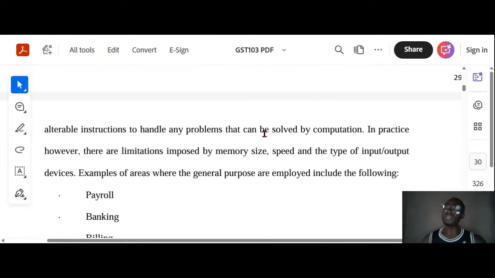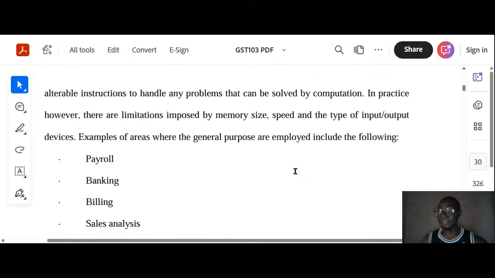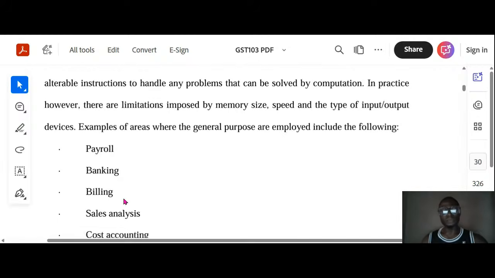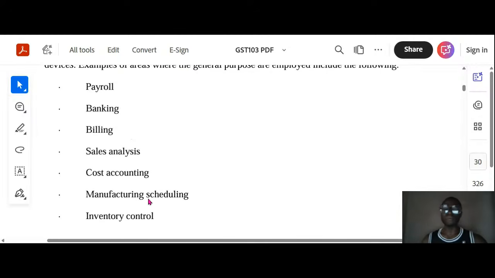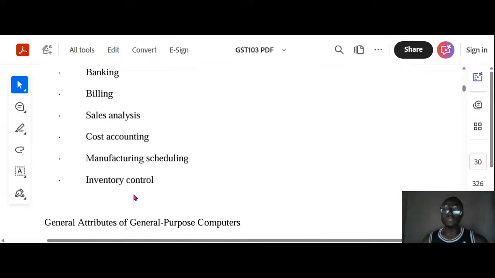And those are the type that are good for several activities, such as banking and finance, payroll, when you want to come up with the payroll of your organization, billing, sales analysis, cost accounting, manufacturing scheduling, inventory control.